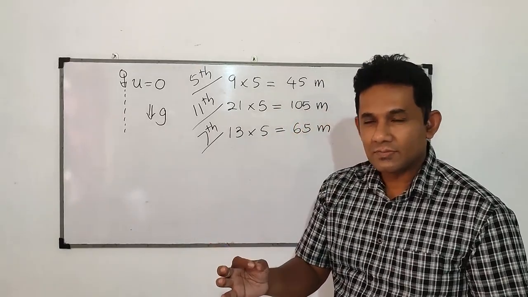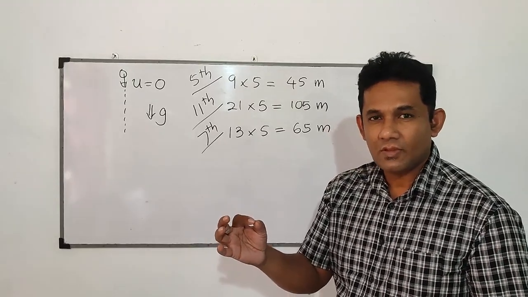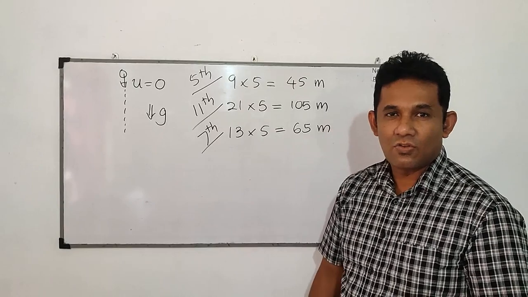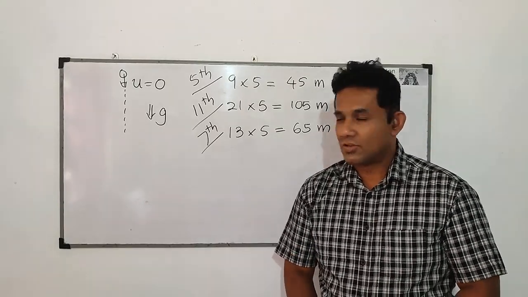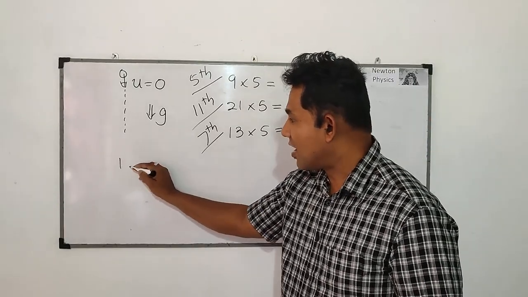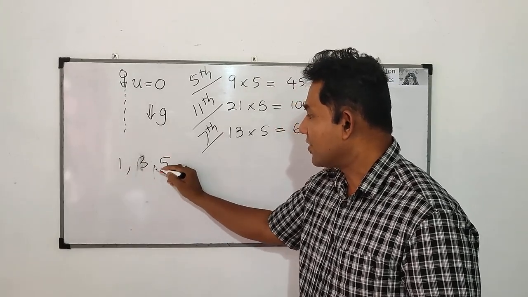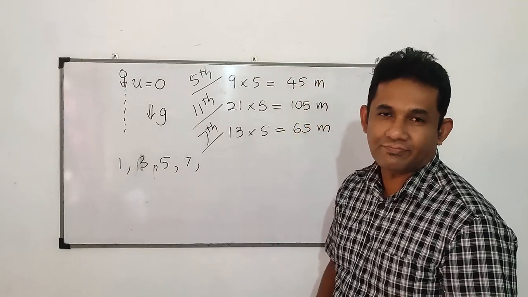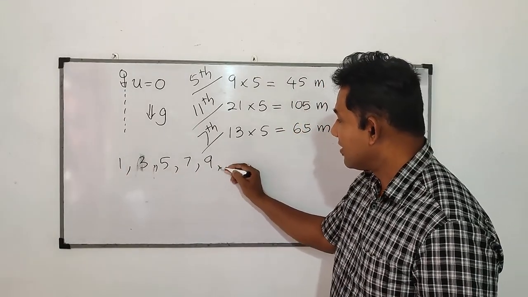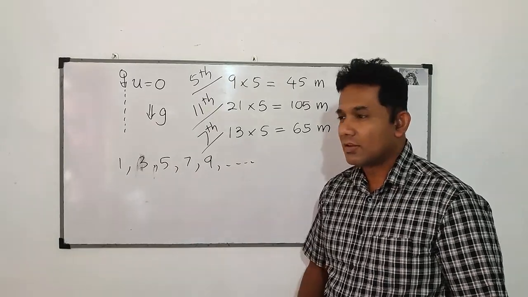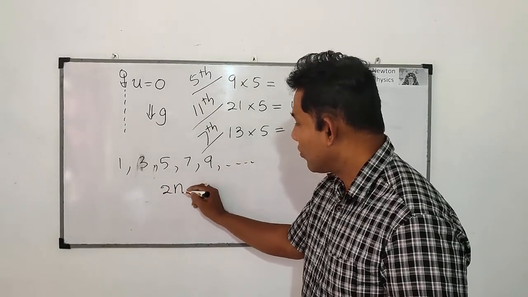Now think about the common relation for the odd numbers. You know about odd numbers. They become 1, 3, 5, 7, 9, like that. What will be the common relation for this? It becomes 2n minus 1.